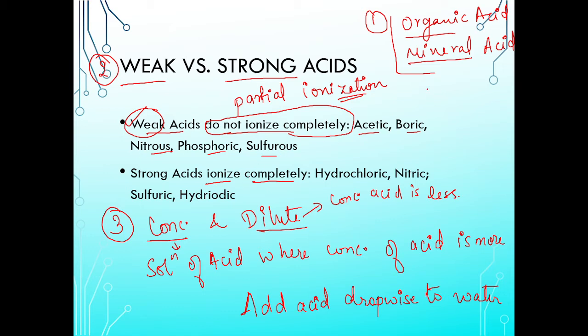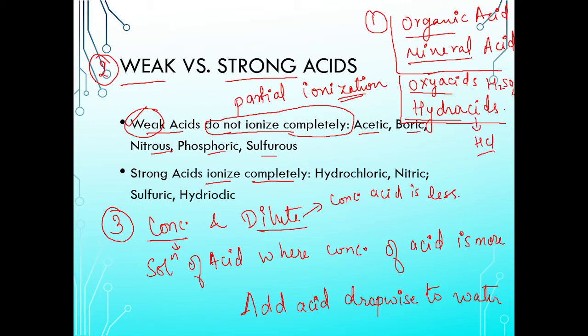One more category, I'll write it over here: those acids which contain oxygen are termed as oxyacids. Okay? And those acids which do not contain oxygen but definitely contain hydrogen are known as hydracids. Okay? So oxyacids and hydracids. Like here you can take H2SO4 as an example, whereas for hydracid you can use HCl as an example.